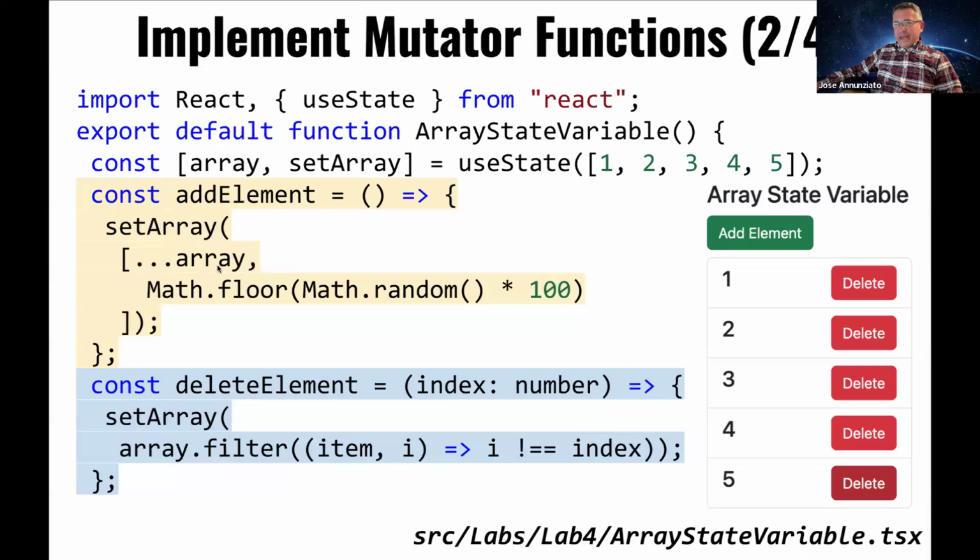So we're going to spread the old array onto this new array, copying all the items. So it'll have 1 through 5 in there, comma, a brand new value, which is some random value between 0 and 100.